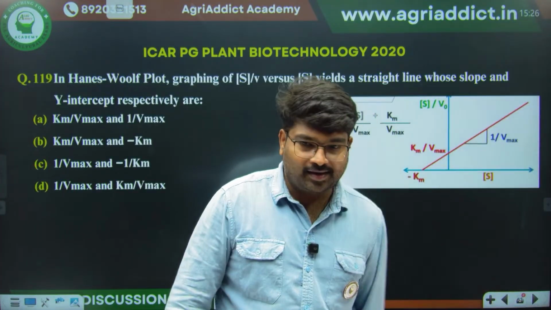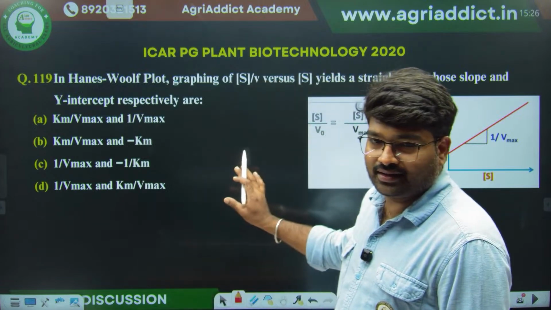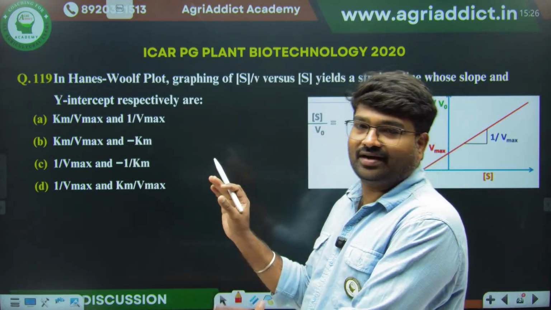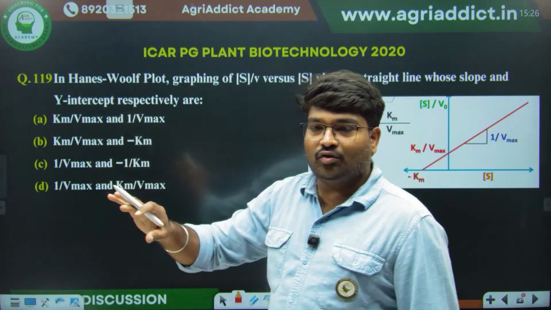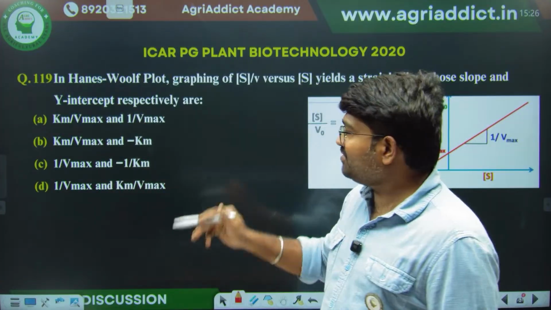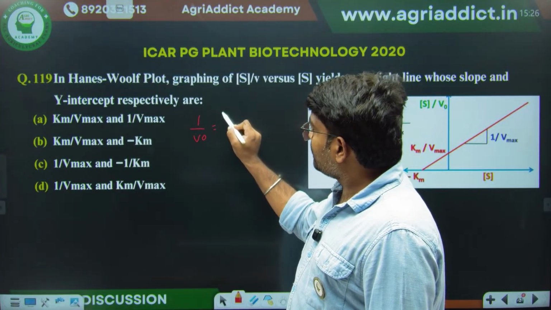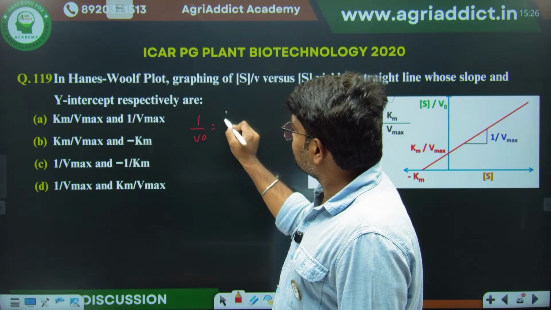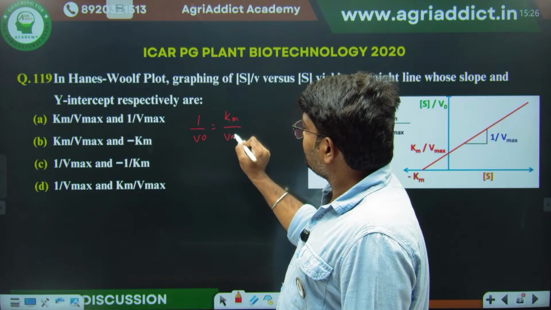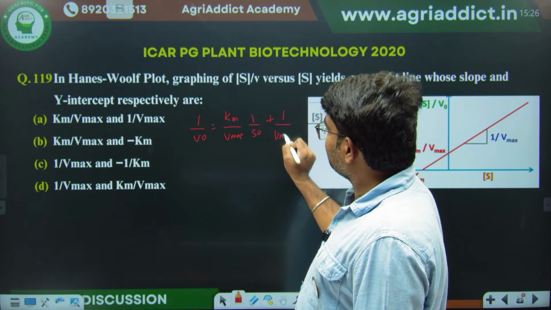Okay, another important question from enzymology. This is a somewhat difficult question, a more advanced one. We already know this Lineweaver-Burk plot. Lineweaver-Burk plot means 1/V0 = Km/Vmax × 1/S0 + 1/Vmax.